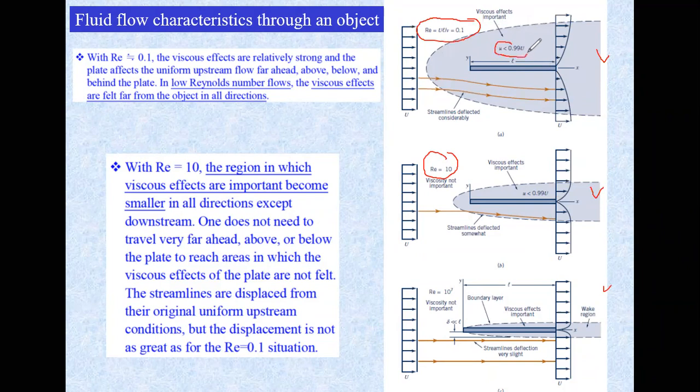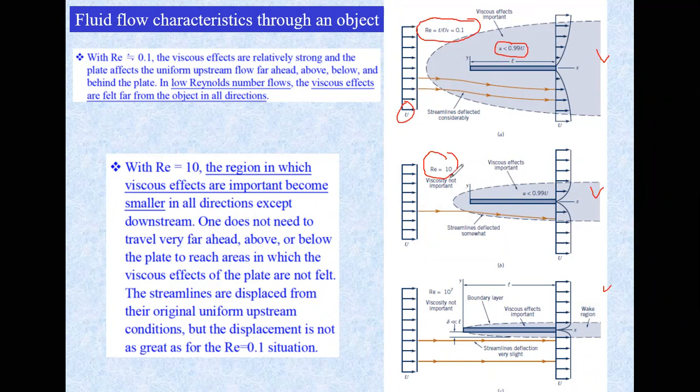What is U less than 0.99 U? It means the velocity in this region is less than the free stream velocity. So you have free stream velocity over here. So the velocity in this region is smaller than the free stream velocity.